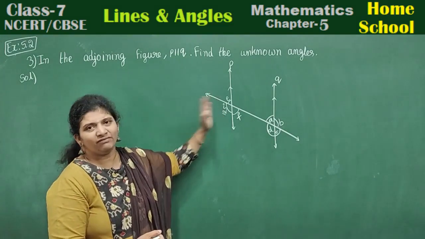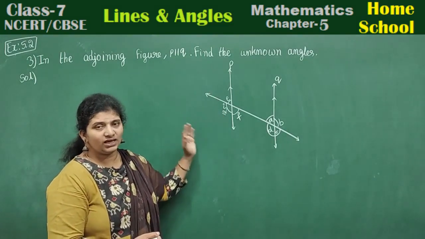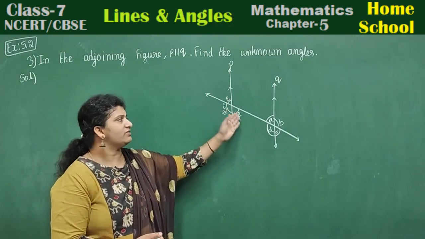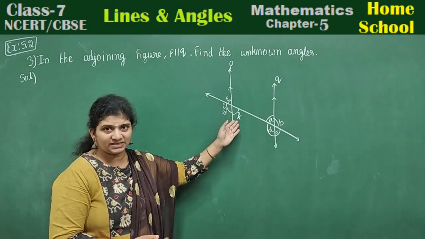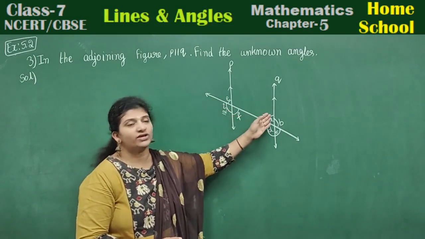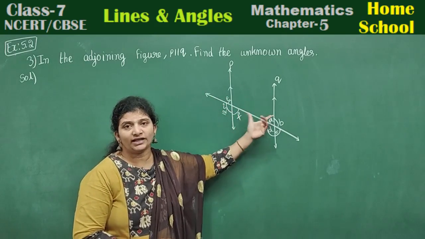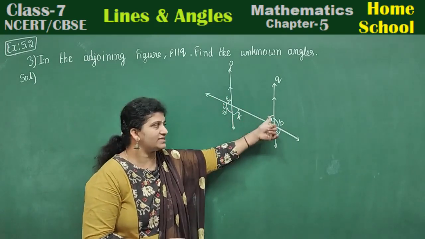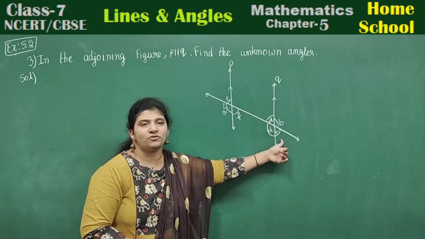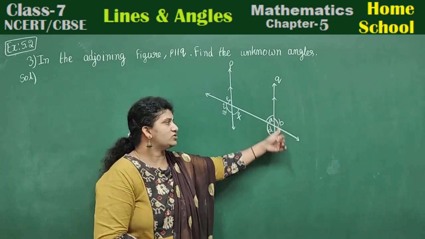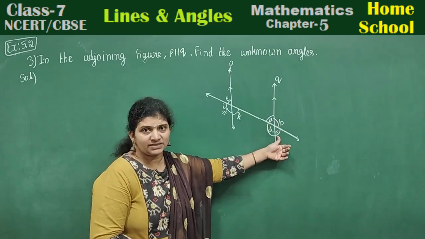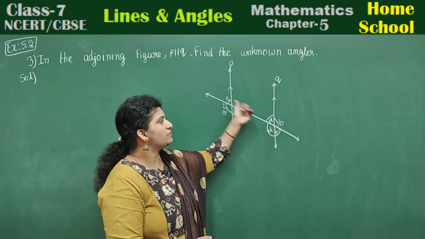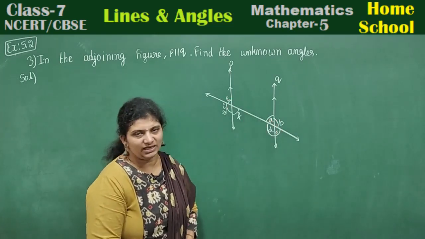After getting the E value, you can take E value is equal to F, vertically opposite angles, and F is equal to A, I'll say, alternate interior angles. These two angles are equal. And again, A opposite C, I will say, these two are vertically opposite angles. And then finally, corresponding angle, if you want, you can equate.